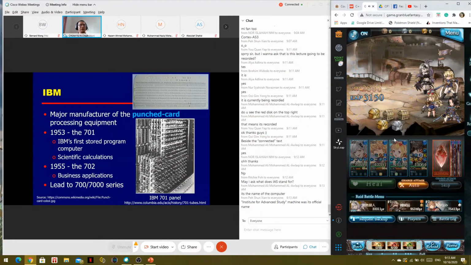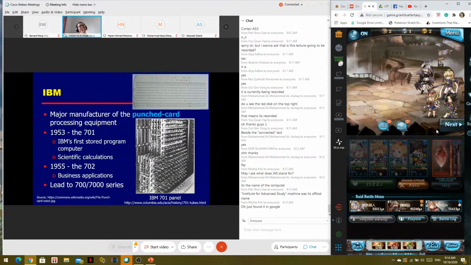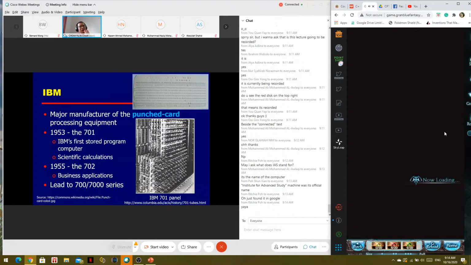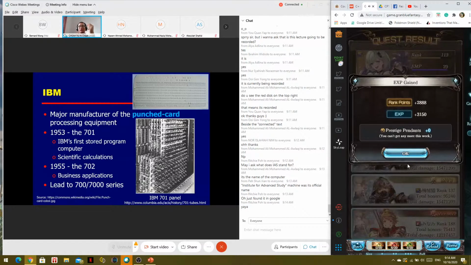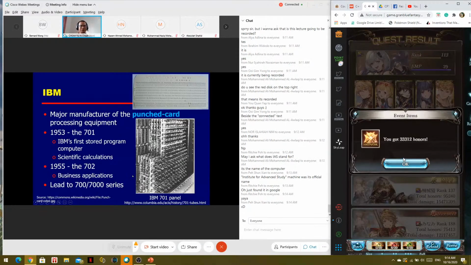It's not cardboard, it's a bit like a 100-gram paper, a thicker version of your A4 paper.